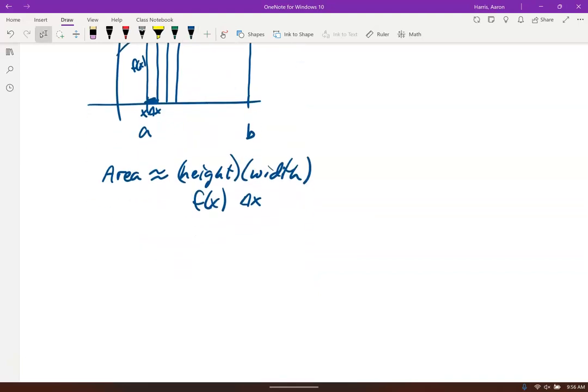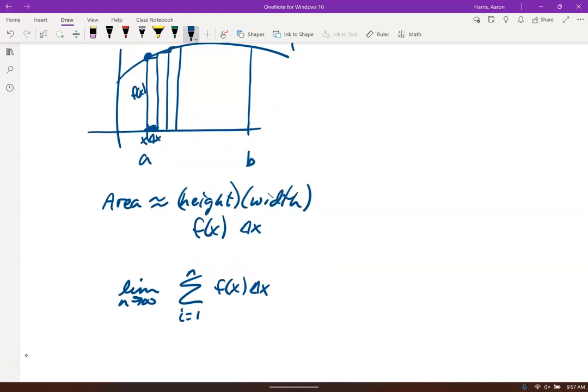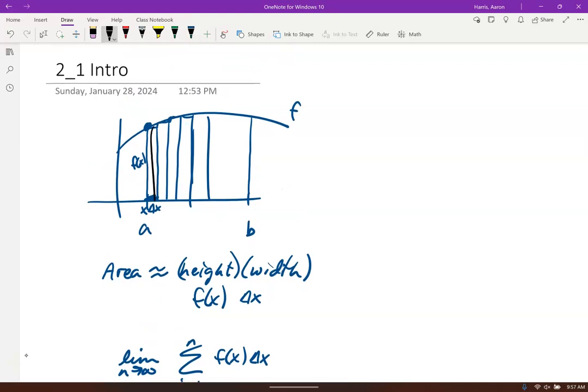But we had to run a limiting process on this, if you recall. So what we did was we said, well, let me sum up all these rectangles from i being 1 up to n rectangles, but I'm going to let this be an infinite amount of rectangles. At first we would make them this width, but the smaller we make the rectangles, the more exact it is, right?